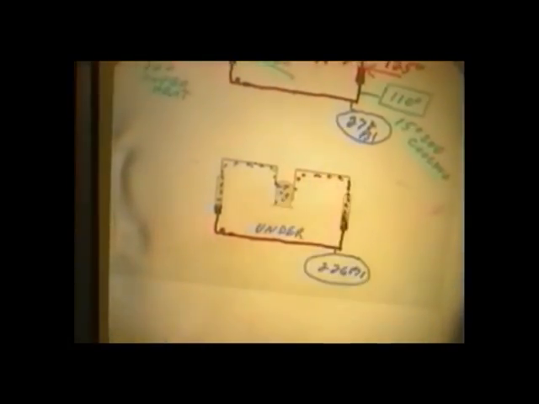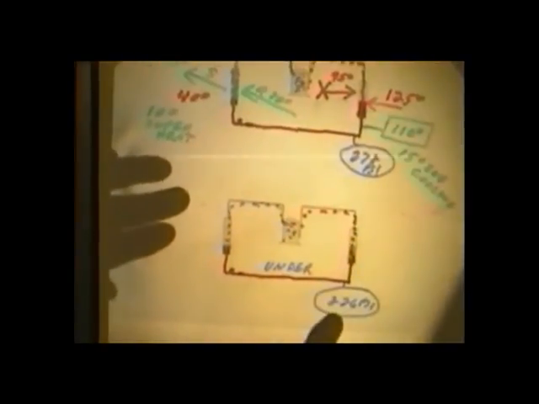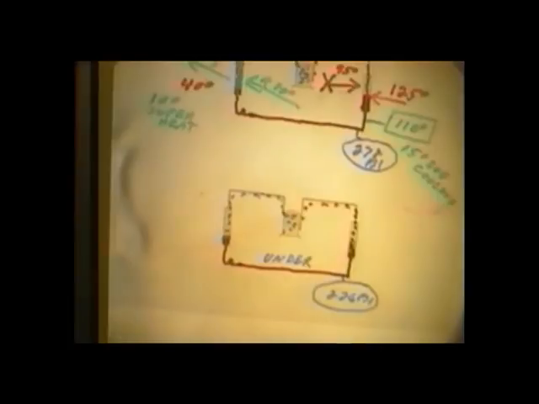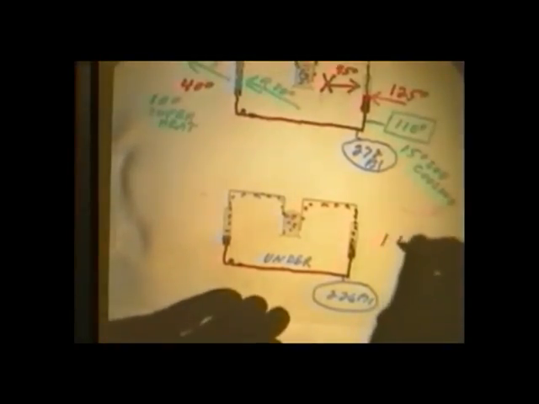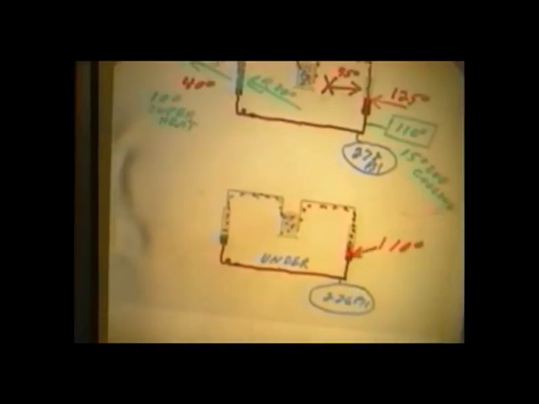See, that's different than 278, isn't it? I still have a 95 degree temperature outside, but I only have 226 psi. That means that my saturation temperature is 110 degrees. Right there. That's all. Okay?